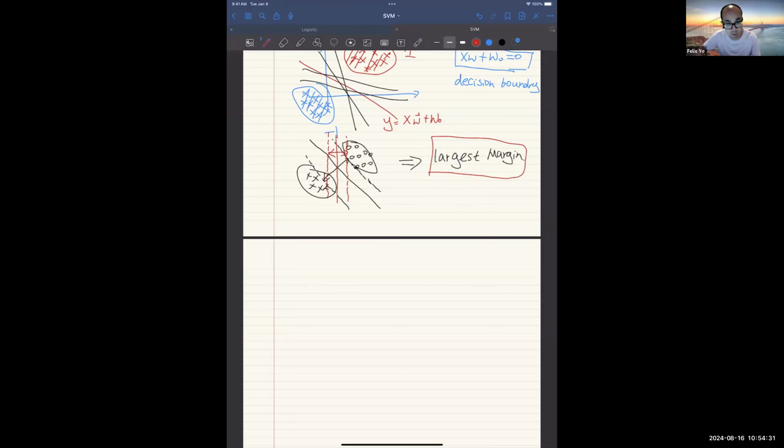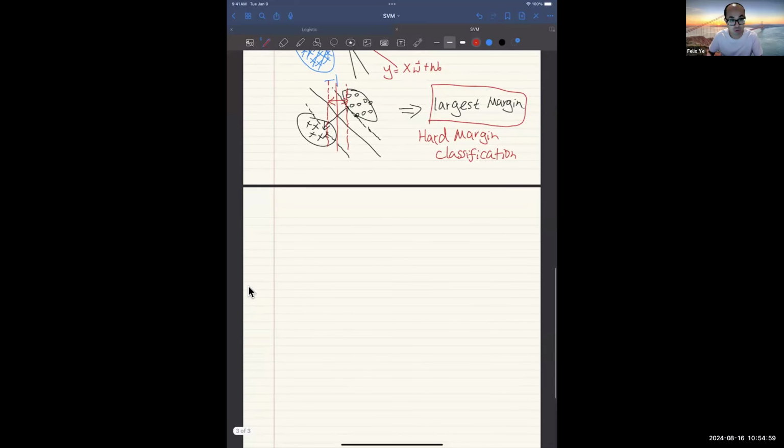So this is called hard margin classification. Specifically, we want to create the largest margin as much as possible. And how do we do that? This is something that we need to make sure of.